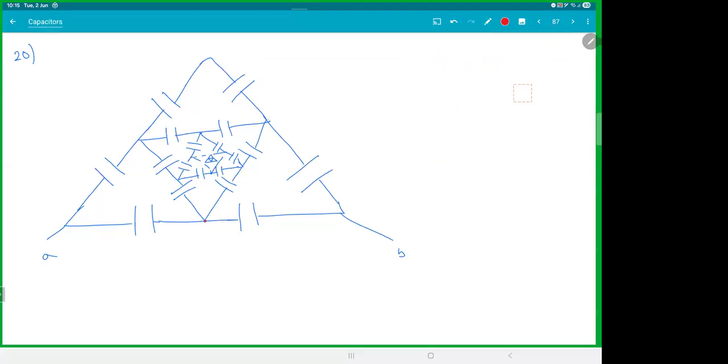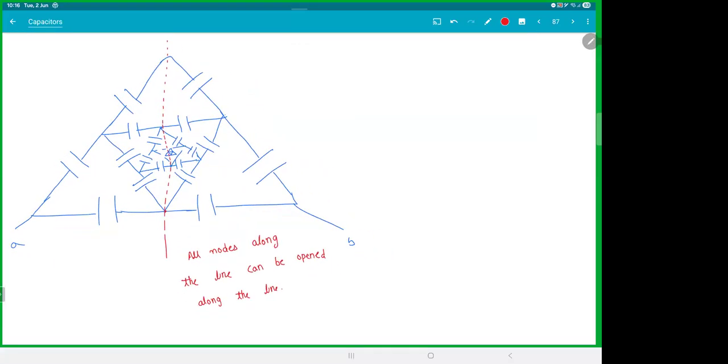Look at this. If you observe carefully, this is a bisector symmetry. I know I didn't draw that properly, but that's a bisector symmetry. That means all the nodes on that line can be opened up. So it won't matter. You can remove that nodes actually. Can be opened along the line. Now, if you redraw the circuit, this is how they will look like.